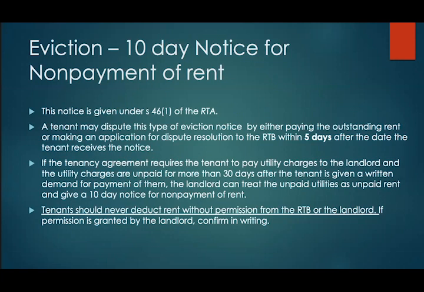And then what the landlord can do is apply for a direct request. So if a tenant doesn't pay within the 5 days or file an application to dispute the notice, the landlord can then apply for a process called the direct request process, which isn't a hearing. The tenant does not have the opportunity to speak. The tenant isn't even aware that it's happening. It's basically a written application where the landlord says, this is how much I was owed, I didn't receive this money, and this is how I served the eviction notice.